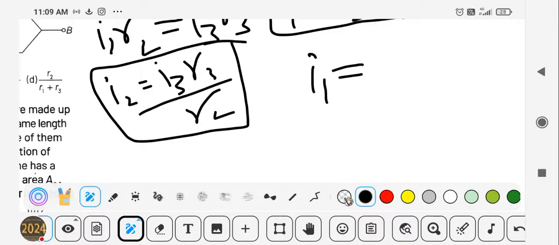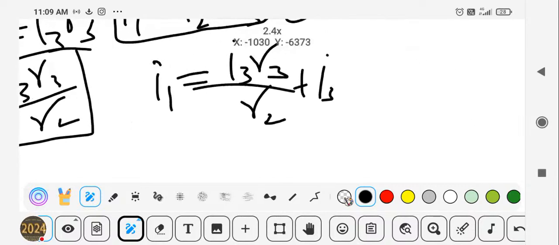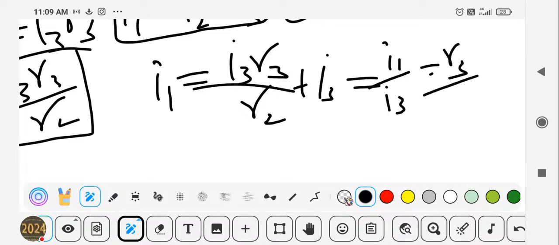I2, how can you write this? I2 you can write as I3 R3 by R2, plus I3. Going on, you will be getting I1 by I3 is equal to R3 by R2 plus 1.